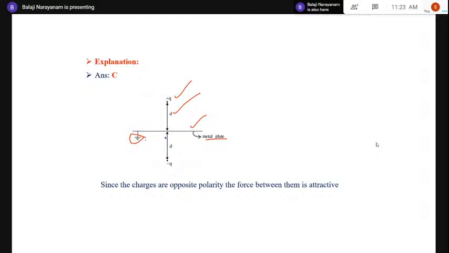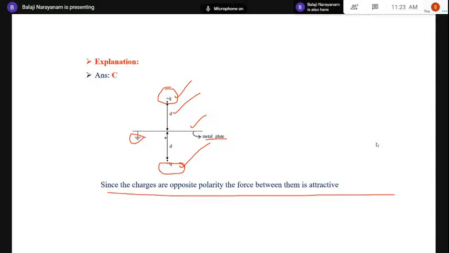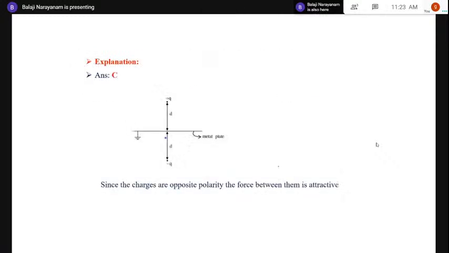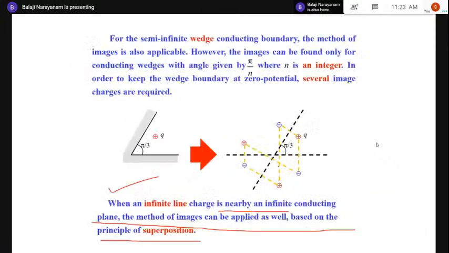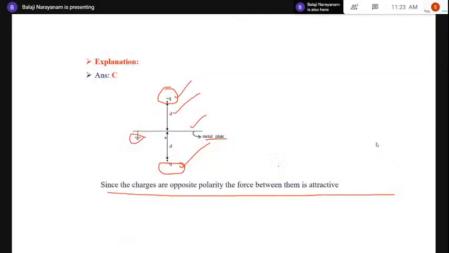Using the concept of method of images, an equal and opposite charge gets induced here. Since the charges are of opposite polarities, the force between them is attractive, and you may find the solution by just making use of the equation.